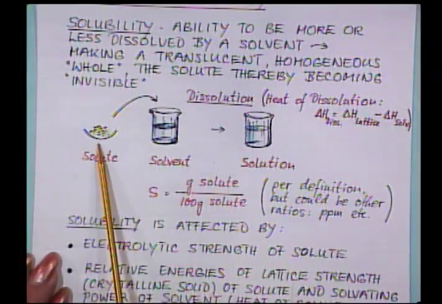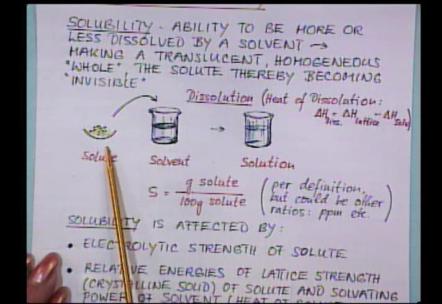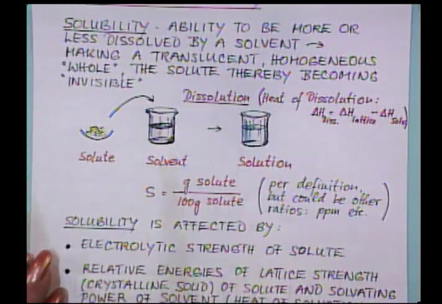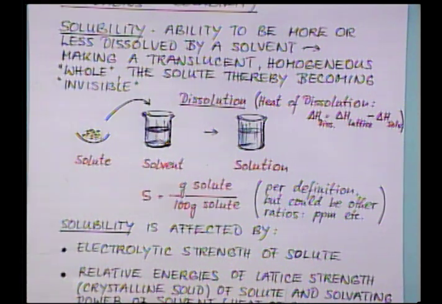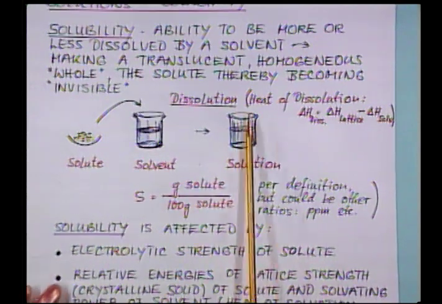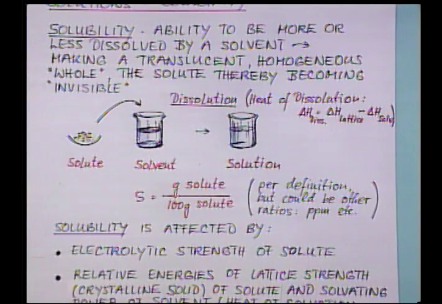As I already mentioned, the solution is made up of a solute and a solvent. So solute plus solvent gives solution. The process itself is called dissolution. And we also have thermal side effects, like with every other chemical change.